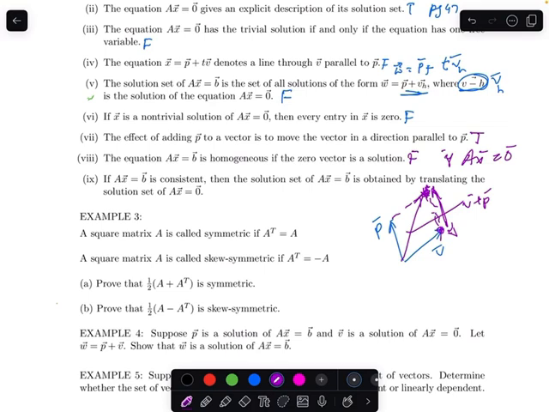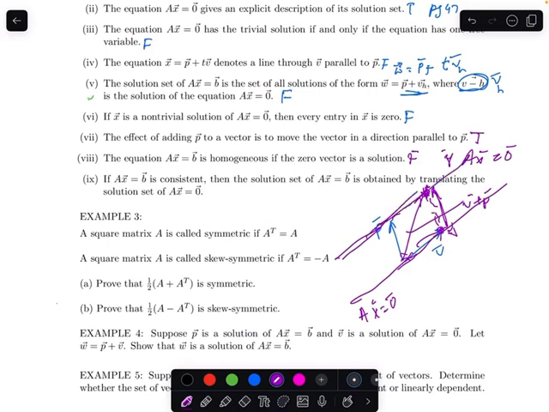Next: if Ax is equal to b is consistent, then the solution set of Ax is equal to b is obtained by translating the solution set of Ax is equal to 0. That is correct. If you recall, I explained this before example 1 and in example 1. The v is on the line that contains the solutions of Ax is equal to 0, the homogeneous equation, and the line which is parallel to this passes through p.